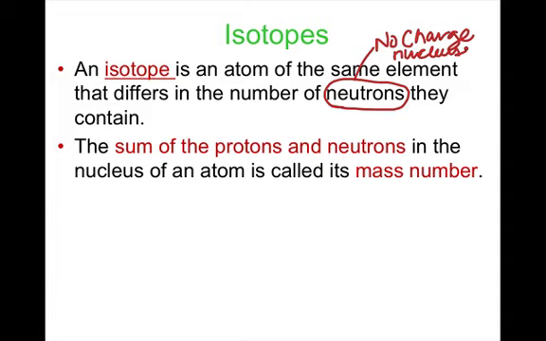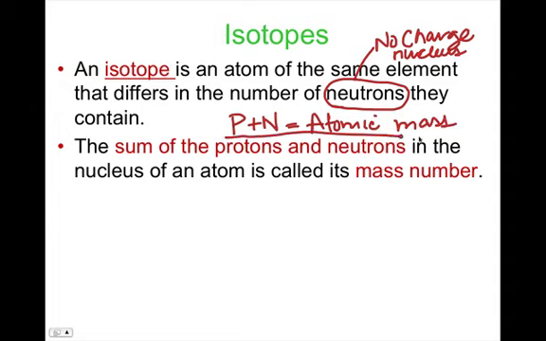The sum of the protons and neutrons in the nucleus of an atom is its mass number. So, in other words, its atomic mass. So protons plus neutrons equals atomic mass. That's very important that you remember that. And remember, both protons and neutrons, once again, are in the nucleus.